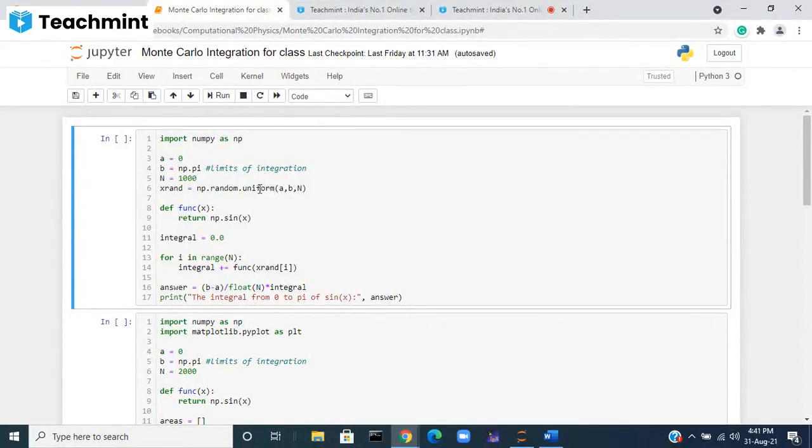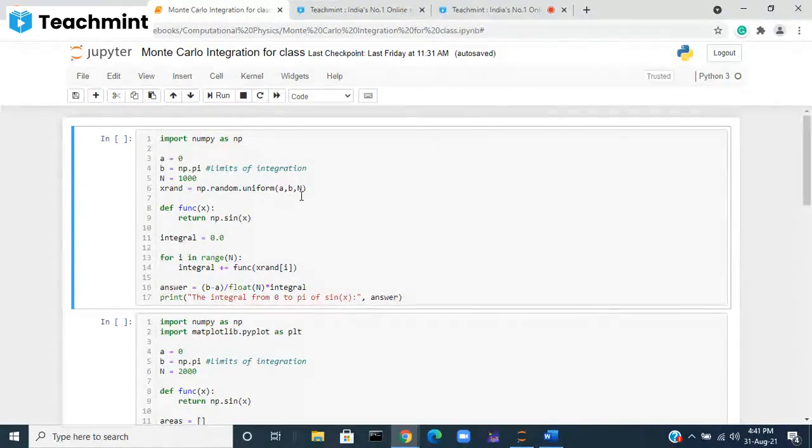And what does this function do? This function generates an array of uniform random numbers lying between a and b. And how many random numbers do we want?